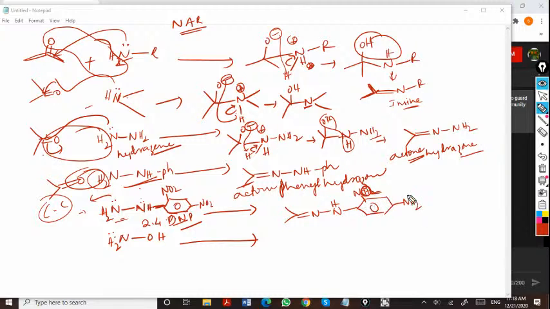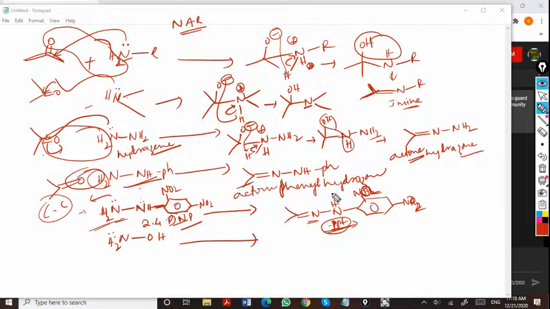So this is NO2, dinitrophenylhydrazine. Wherever a carbonyl compound is there, the 2,4-DNP reagent will react with it and form an orange-yellow colored precipitate. So a PPT will be formed. Based on the PPT formation, we confirm that there is a carbonyl group.